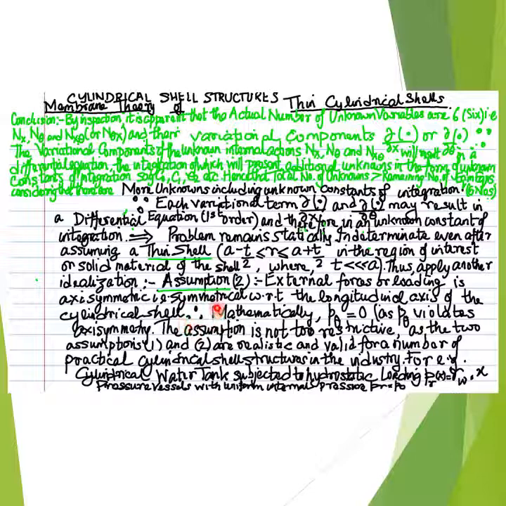And in case of such axisymmetrically loaded cylindrical shell structures, assumption number 2, that is the additional assumption in addition to the thin shell assumption that we will be applying to complete the solution of the unknown internal in-plane membrane actions, is acceptable provided the cylindrical shell structure is axisymmetrically loaded.